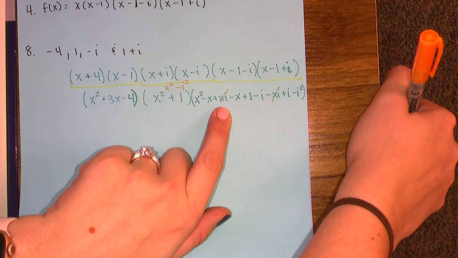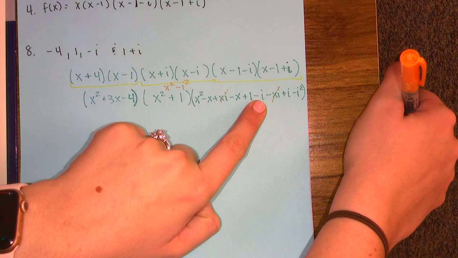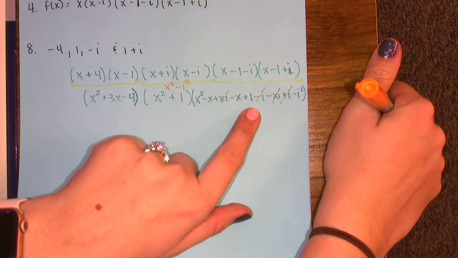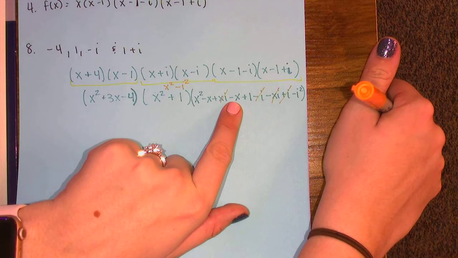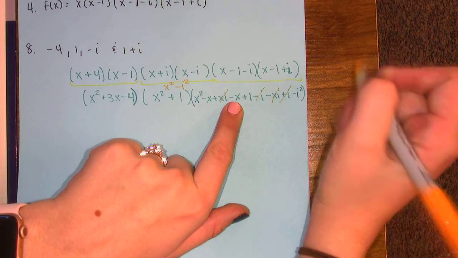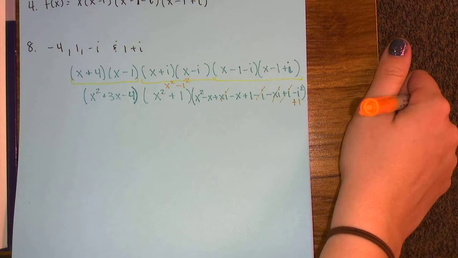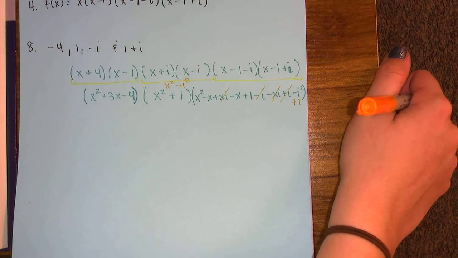I have a negative i and a positive i, so I'm going to get rid of those. i squared, that's -1, so this is going to become +1. So I think that's everything I can cancel.